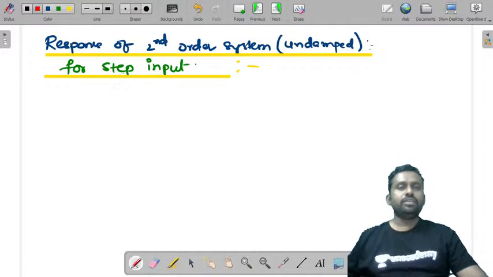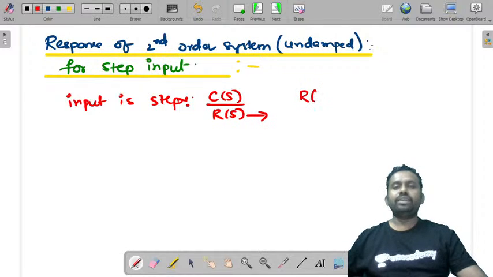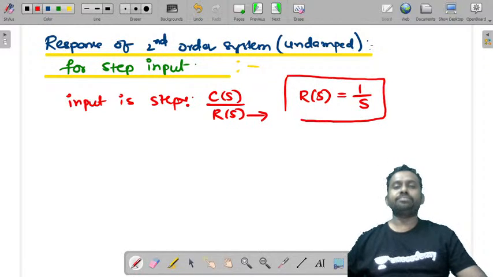First thing, input is step. That implies C of S by R of S, where R of S is the input. The value of R of S is equal to 1 by S, because it is a unit step input.